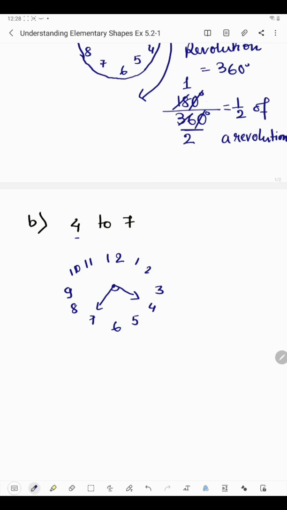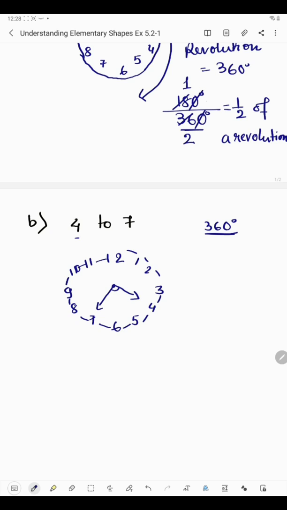Now we need to find the part of the revolution. First we need to find the degree. Since a complete revolution is 360 degrees, how many gaps are there? 12 to 1, 1, 2, 3, 4, 5, 6, 7, 8, 9, 10, 11, 12.